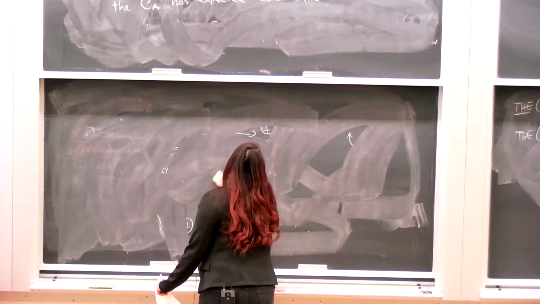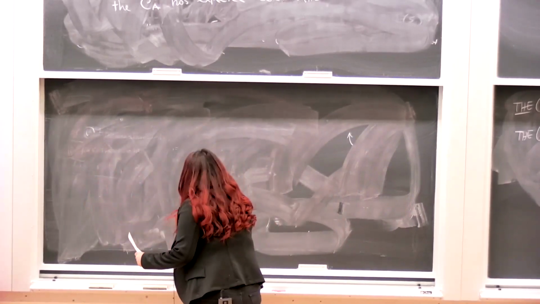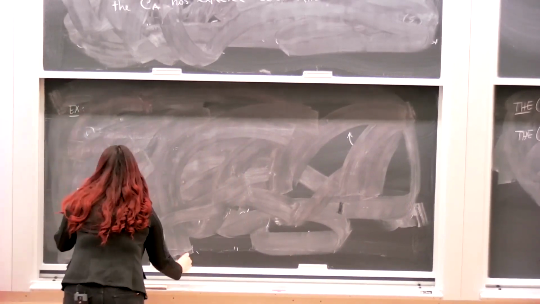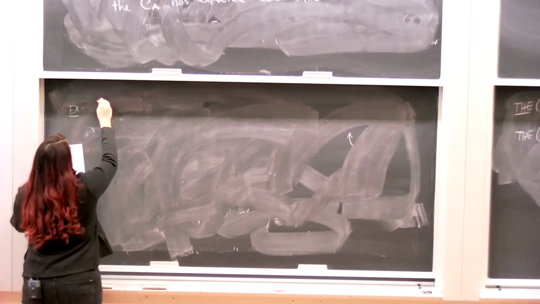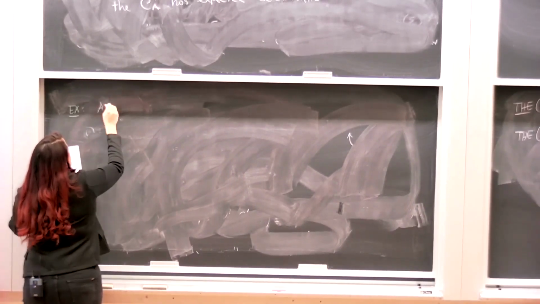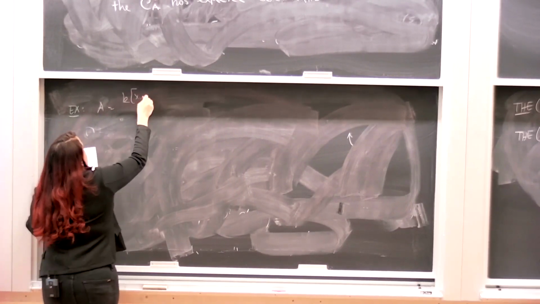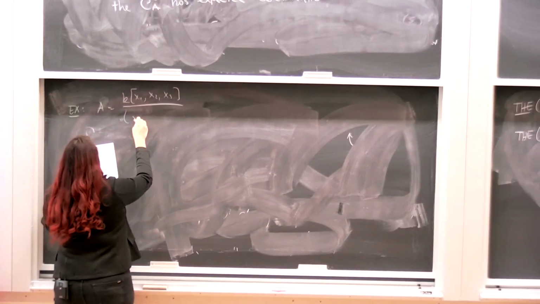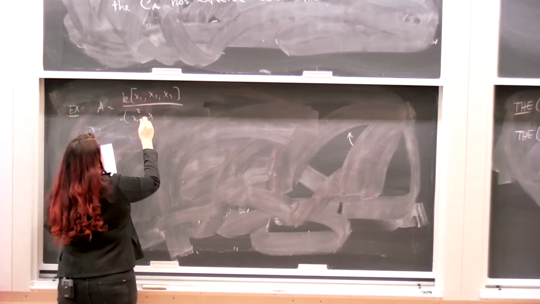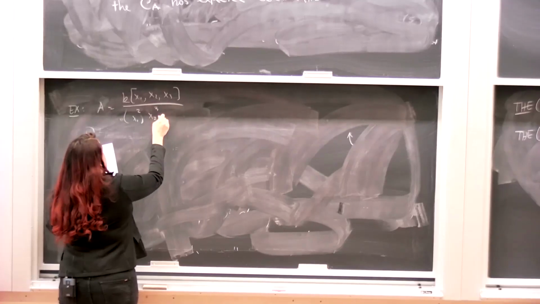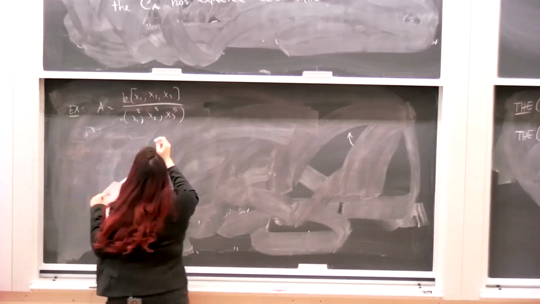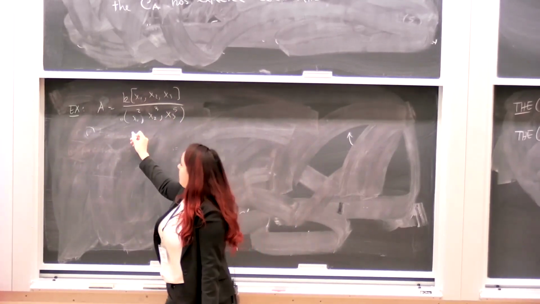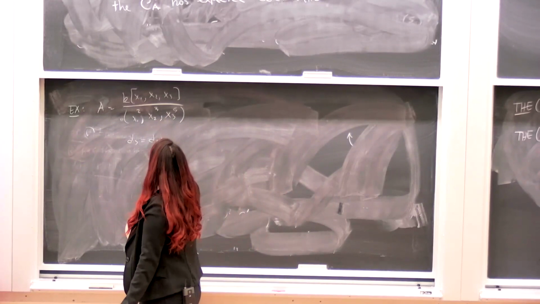For example, if I take the monomial complete intersection A = R over (x1^2, x2^3, x3^5), we are in the case where d3 is equal to d1 plus d2.